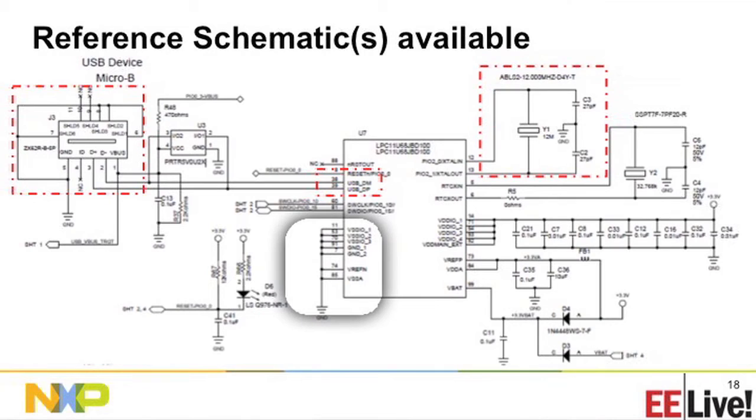For the USB connection, you just need to connect D+, D- to the micro B connector that is on the board, and provide an external crystal for USB operation. For USB operation, you need an external crystal for full speed and high speed operation. So, looks very simple, right?